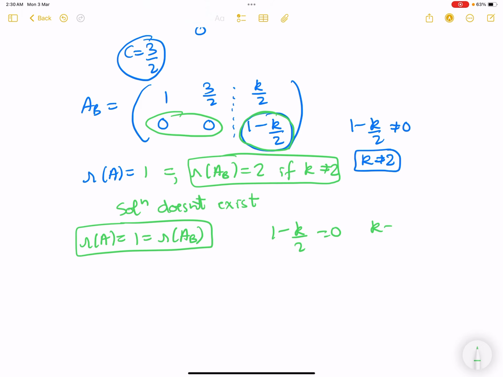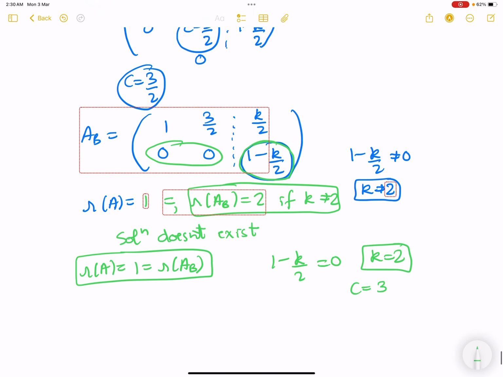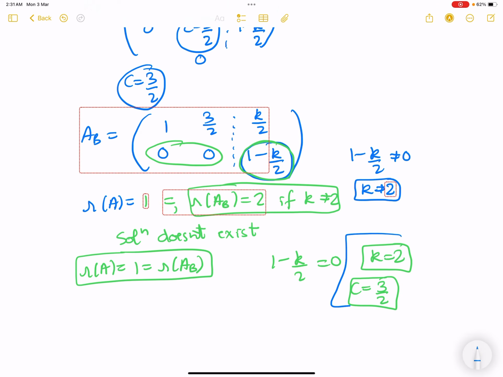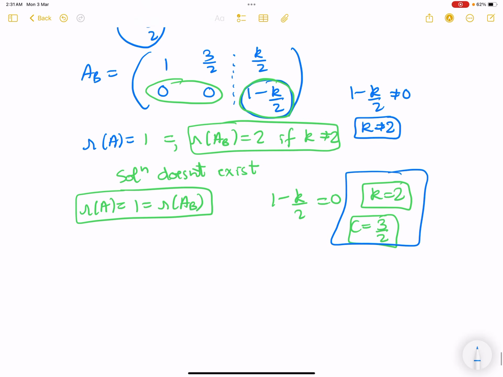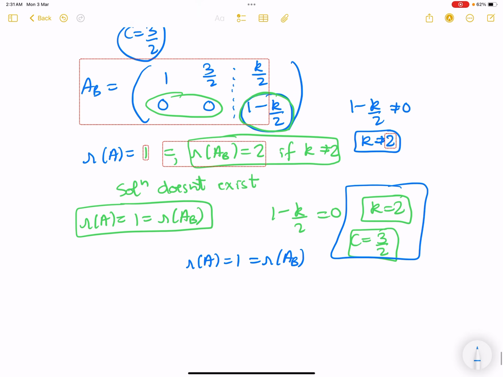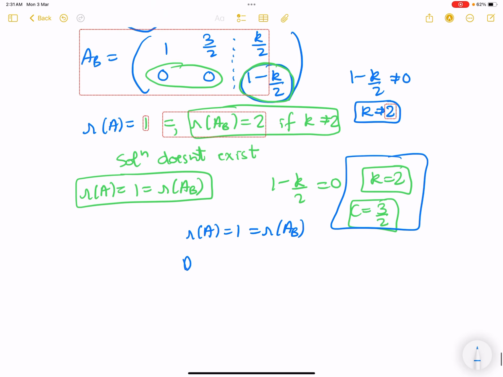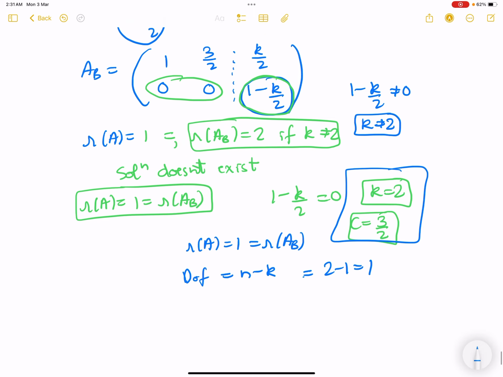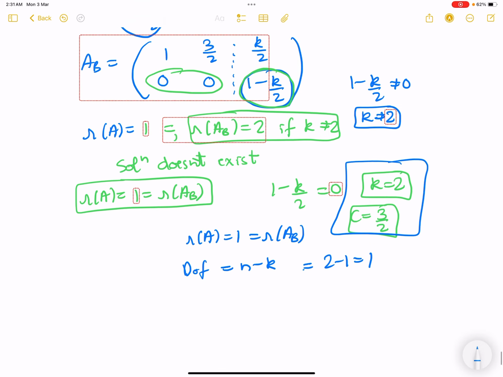This means when k is 2 and c is 3 by 2, we would have rank of A equals 1 equals rank of A augmented B. And that would suggest degrees of freedom. Degrees of freedom is n minus k, where k is rank. So n is 2, 2 minus 1, 1. So this suggests that one of the variables can take any arbitrary value.